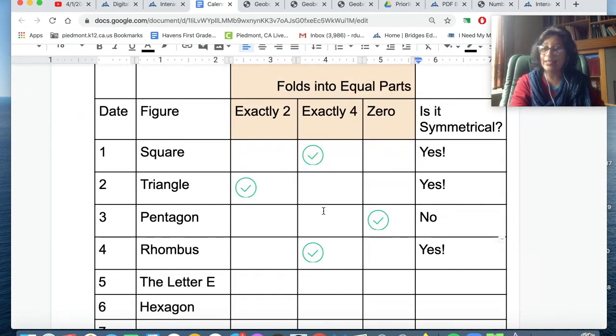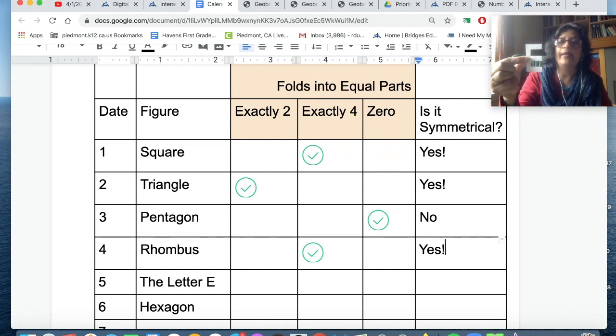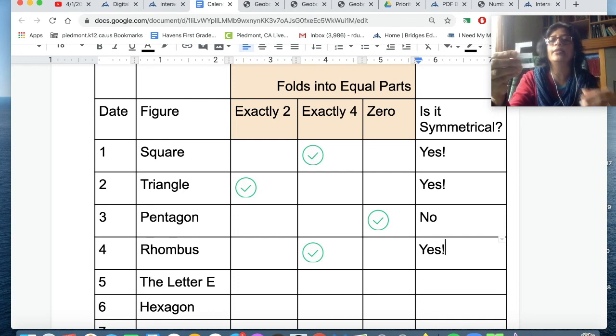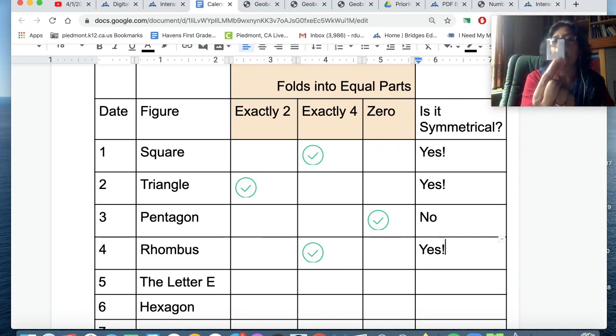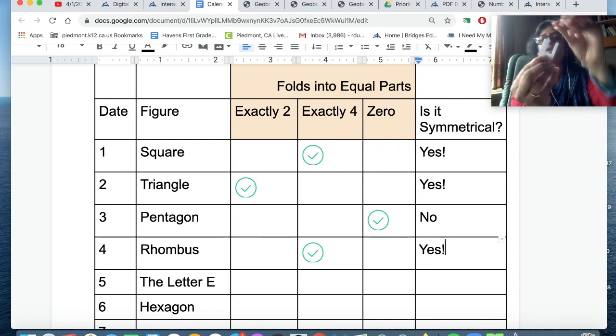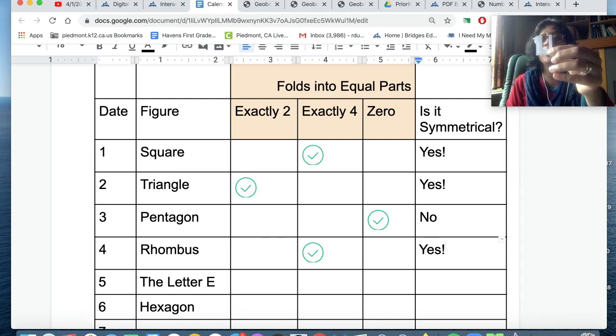Now the letter E. Should we just try it? So here's my letter E, and I am going to fold it in the middle. And guess what? It sure is exactly the same size on both sides.